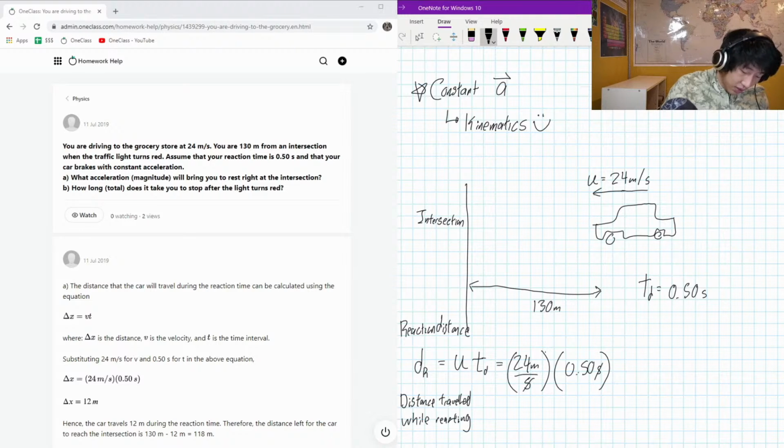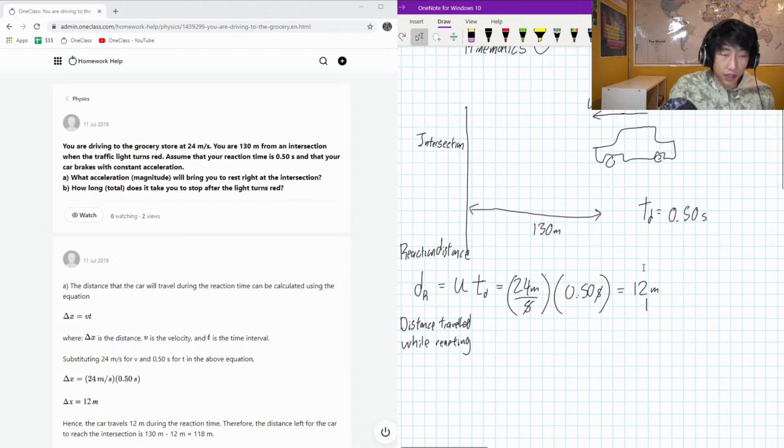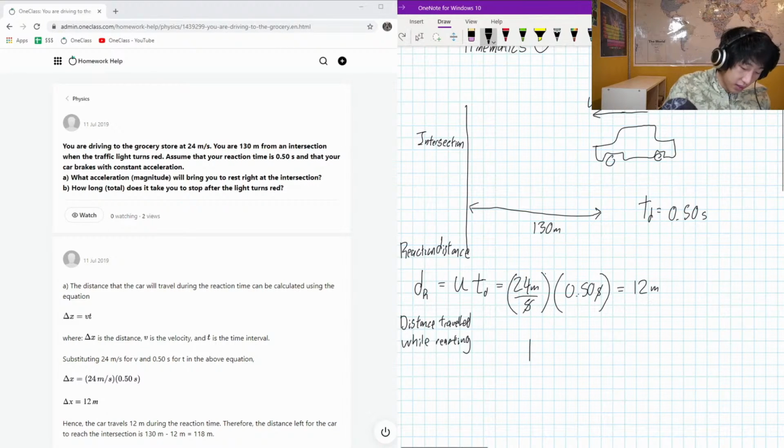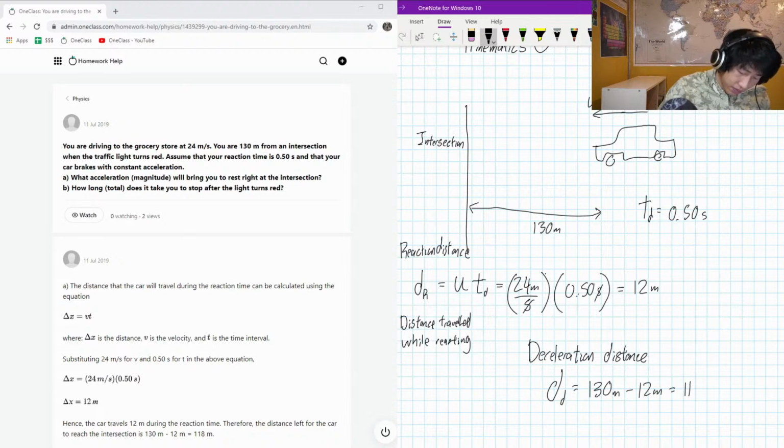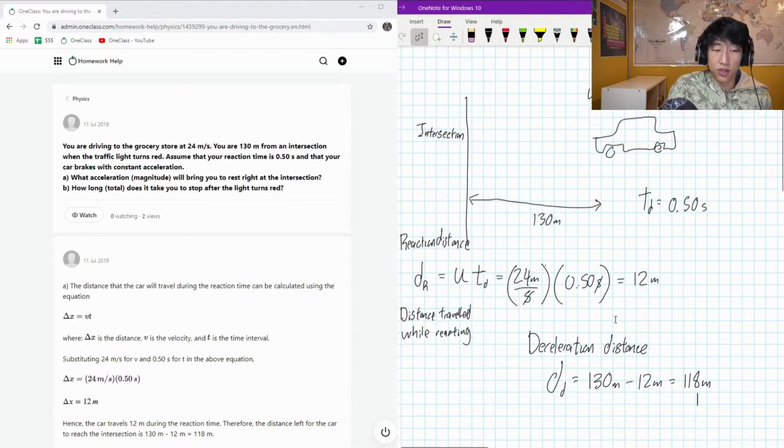You can see that the seconds cancel out in the units, leaving us with 24 divided by 2. So that is 12 meters. So effectively, our deceleration distance, let's call that DD, is going to be 130 meters minus 12 meters, and that is 118 meters. Okay, so this is the real distance that we are able to decelerate in.